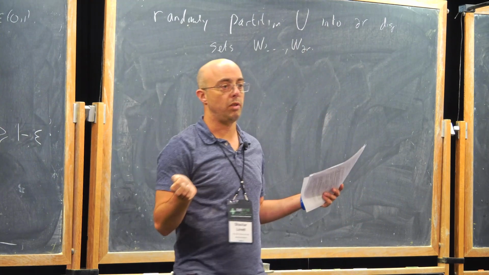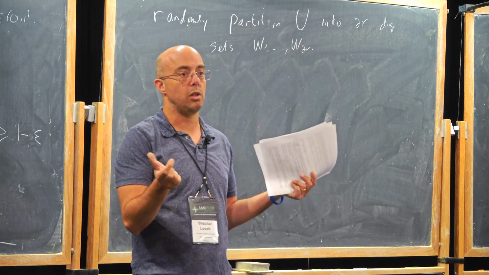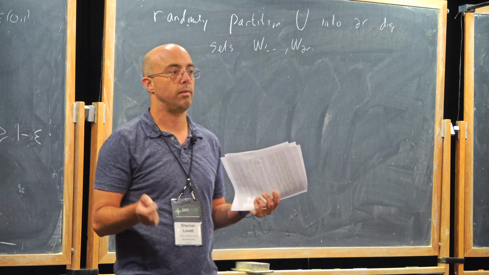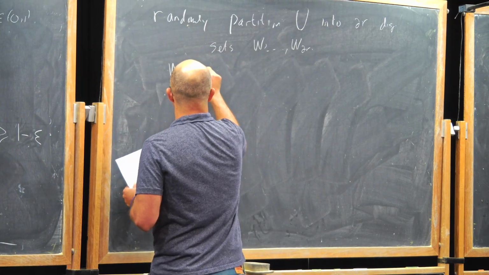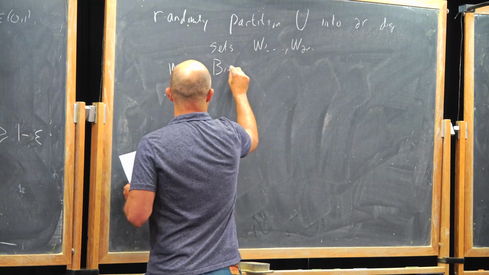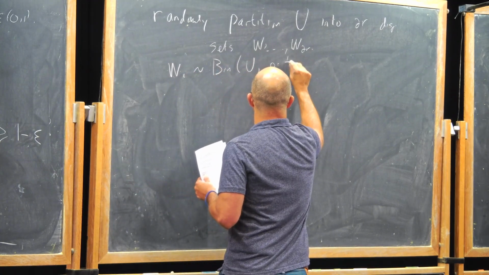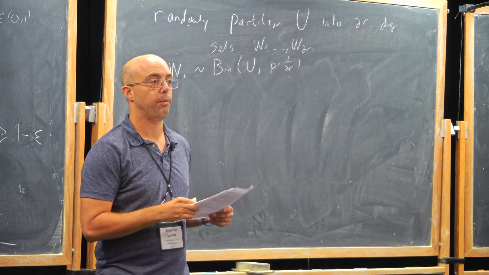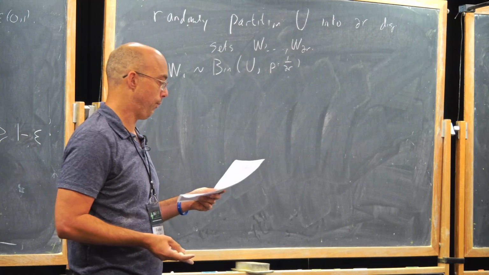So just take a random coloring of my universe with 2R colors, or equivalently a random partition into 2R sets where every element goes to one of these sets uniformly. Notice, by the way, that each individual set is distributed binomially over U with probability p, which is 1 over 2R. This will be the marginal distribution of each set, because every element belongs to a set with probability 1 over 2R.